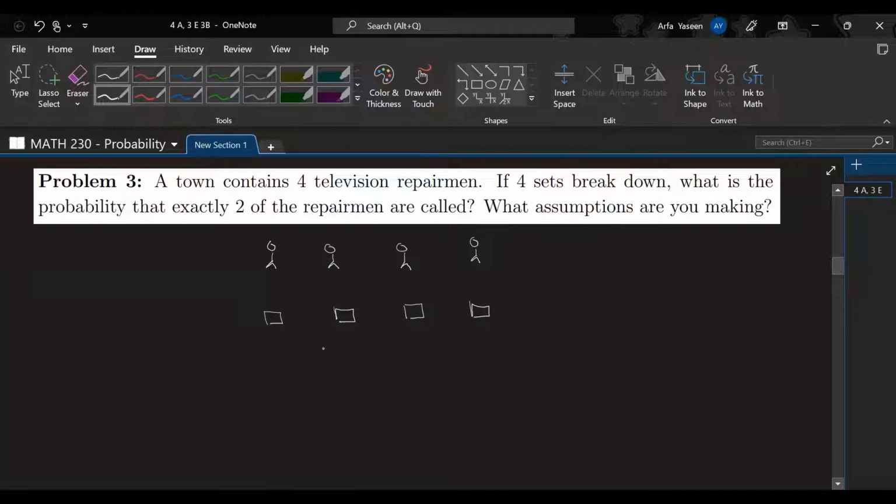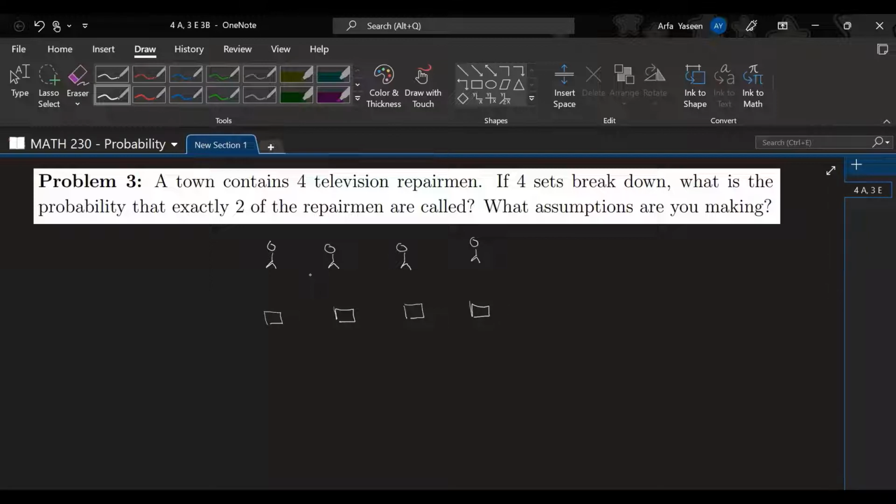So there are like 4 possible ways of repairing the 4 TV sets, right? We can have one repairman and he can fix all 4 TVs. Then we can have 2 repairmen and they can divide the 4 TVs among themselves. Then we can have 3 repairmen who can divide the TVs among themselves, and then 4 repairmen and each of them fixes 1 TV, right?